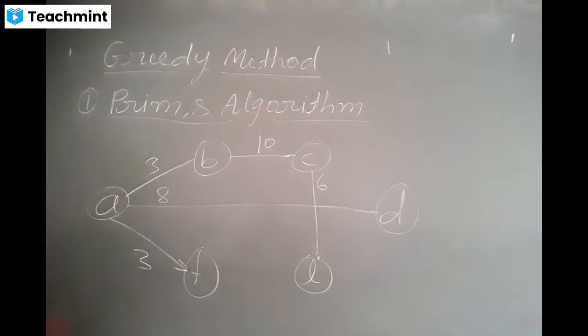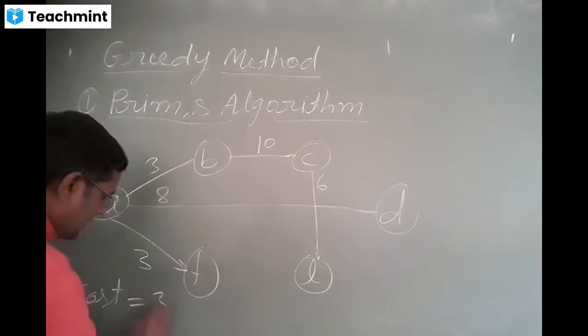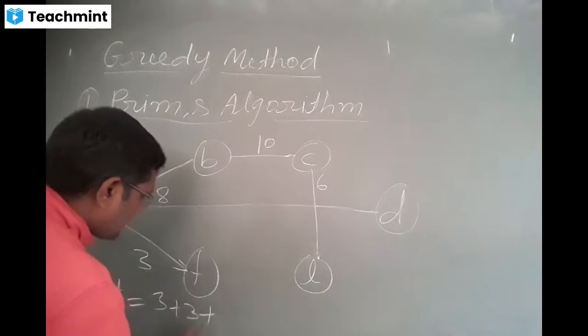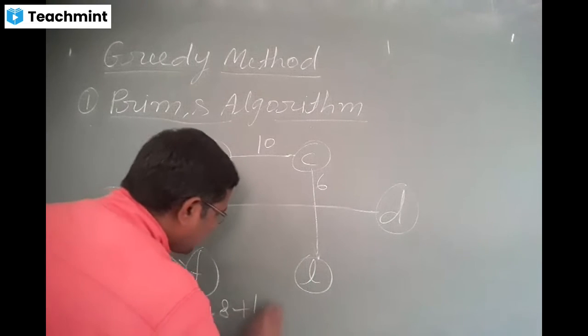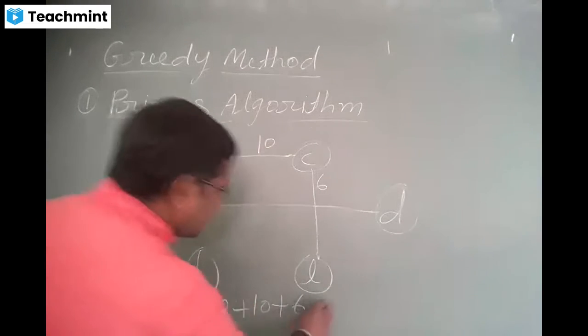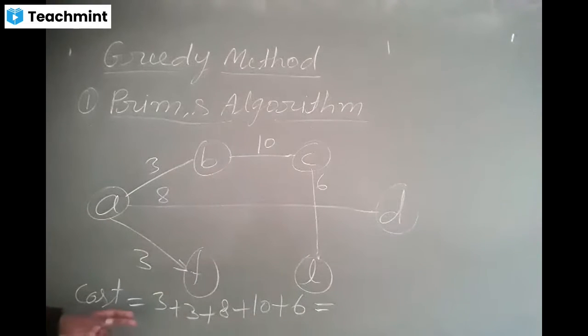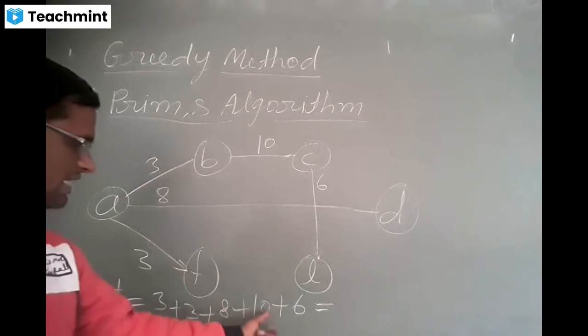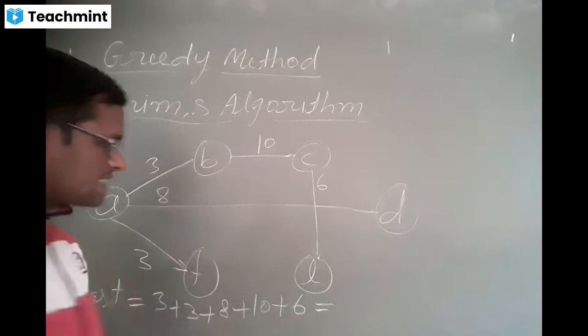So the cost of this spanning tree, we should add the weight of the edges. So 3 plus 3 plus 8 plus 10 plus 6. 3, 3, 6, 8, 10, that is 30.